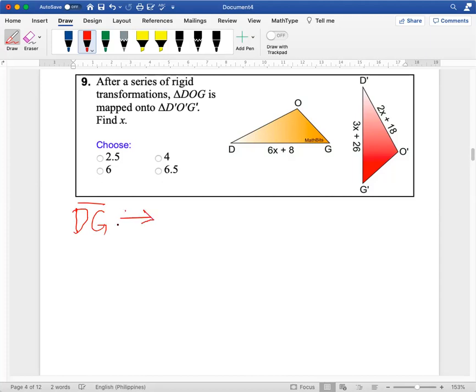We need to find the corresponding parts for us to solve for the value of x. So based on each shape, DG corresponds to D prime G prime. So DOG is mapped to D prime O prime G prime. So O is mapped to O prime, D is mapped to D prime, and G is mapped to G prime.